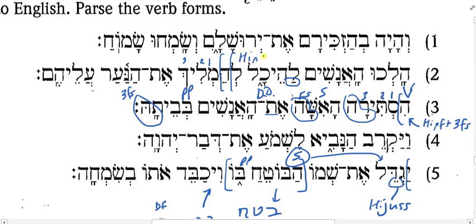Yes, that's right, an infinitive construct. So look at the form, hamlich. Does that match the profile of a Hifil infinitive construct? Hey prefix? Yes. A-class vowel under it? Yes. Does the infinitive construct in the Hifil have a hiriq yod theme vowel? Yes. The infinitive absolute has a tsere instead of the hiriq yod.